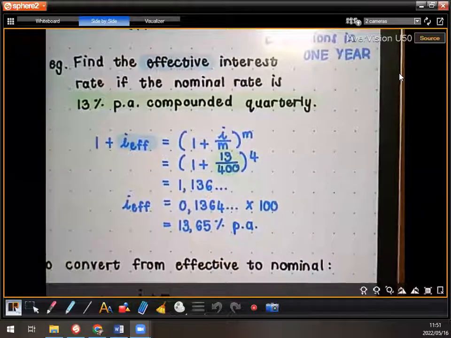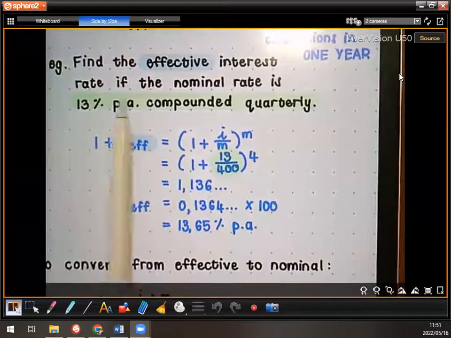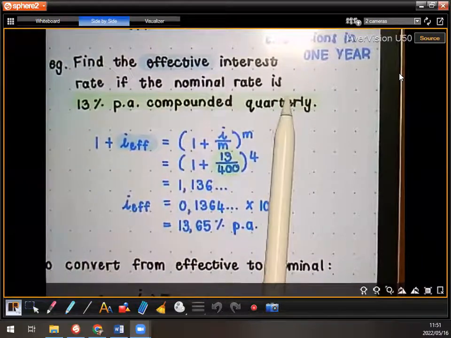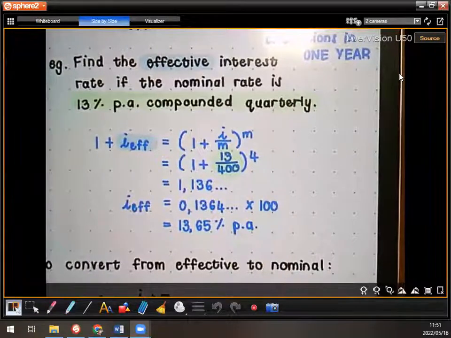I don't really have to write per annum in fact. So guys, what this means is if you have an interest rate of 13% compounded quarterly, the annual interest rate that will give you the same return, the same amount of money after however many years, is going to have to be 13,65.